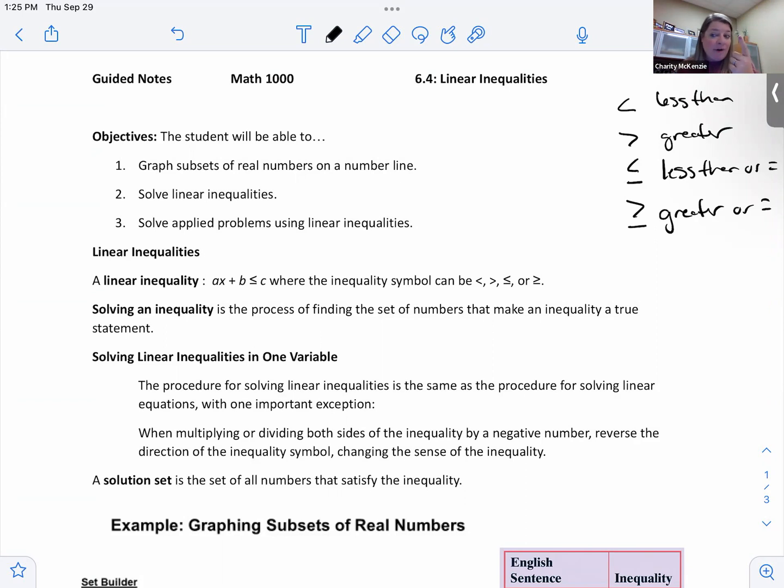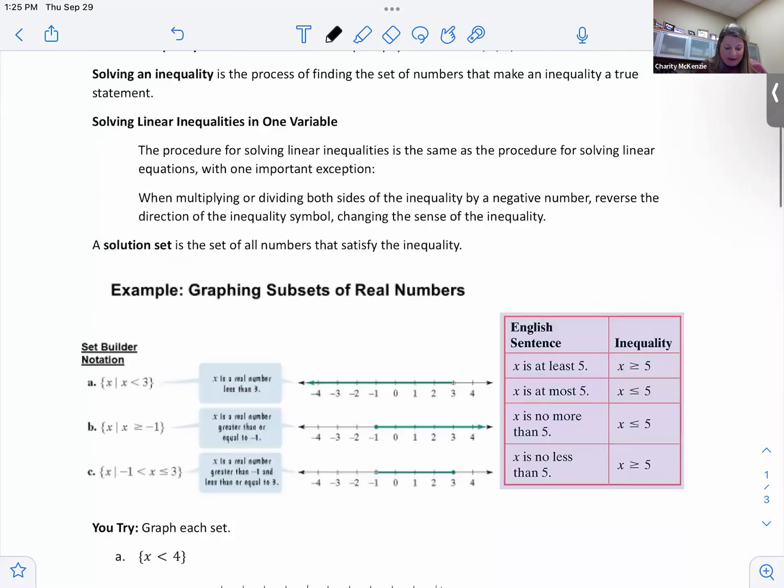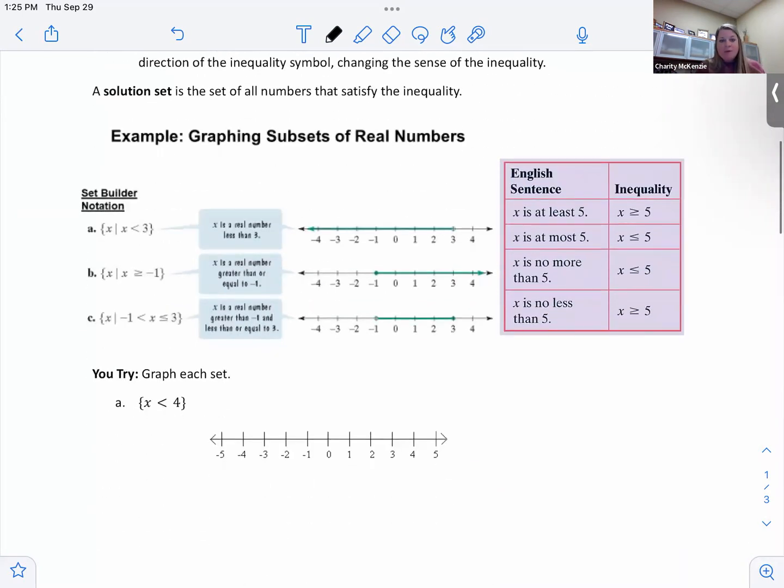We can graph our answer, write it in inequality form, or write it in interval notation. Okay, so let's go down here and look at some examples of the notation.